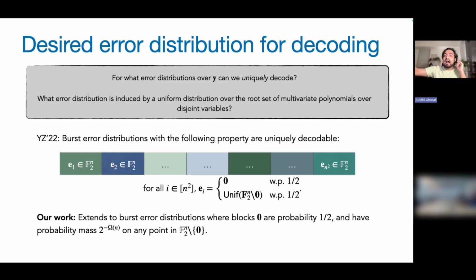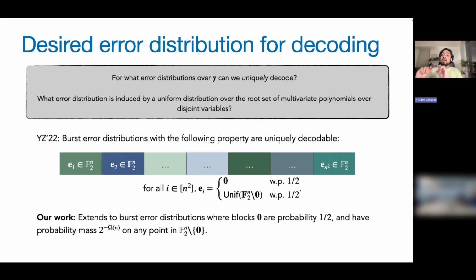And of course this half is arbitrary, and it pops up because we were dealing with random polynomials. It's okay as long as it's 1 over c. So if you have a distribution where your E_i's are 0 with probability 1 over c for some constant c, and everywhere else it's negligible, then in that case as well, this result works.